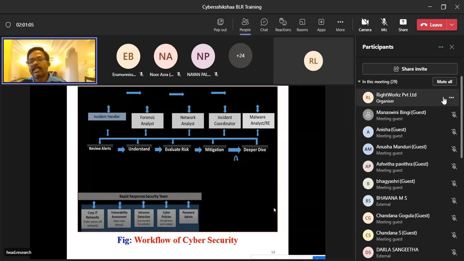Malware analyst or reverse engineer is concentrating on deep analysis. Rapid response security team, they are analyzing corporate IT networks, system of network, vulnerability assessment and intrusion detection system, cyber policies and password admin.